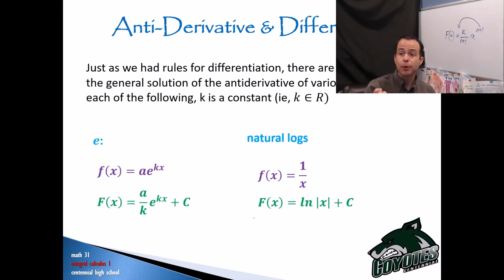Because remember, when we're taking the derivative of something that looks like this, the derivative of that would be that times the derivative of the inside function. Well, the inside function would be kx, and the derivative of kx would be k, and that would divide out the k's that I need to divide out. Okay?